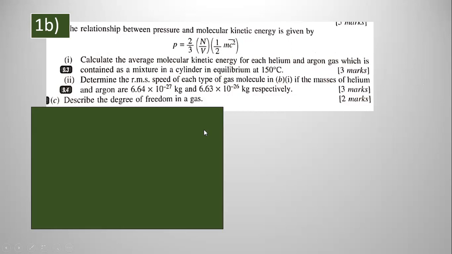So same formula, memorize the formula. Kinetic energy is 3 over 2 kT. Helium is monoatomic, so it has 3 degrees of freedom. Then put in your value. The Boltzmann constant can be taken from the data sheet. Change the temperature to Kelvin, then use your calculator.